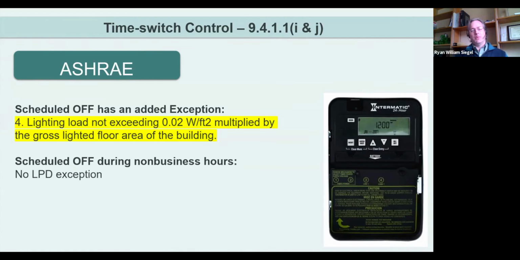So that's how ASHRAE has done it, based on this 0.02 watts per square foot. If you take a modern 20 watt LED fixture, you can leave one of those on for every 1,000 square feet. Again, this is designed to be egress lighting. We're not trying to light the building with this 0.02 of a watt per square foot.